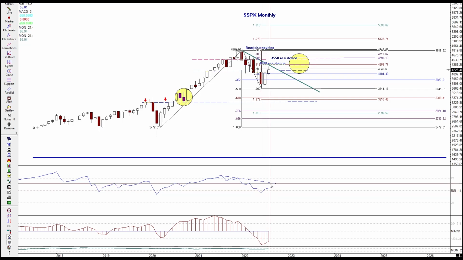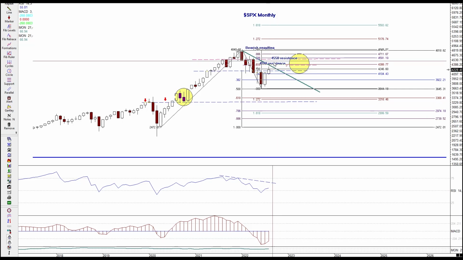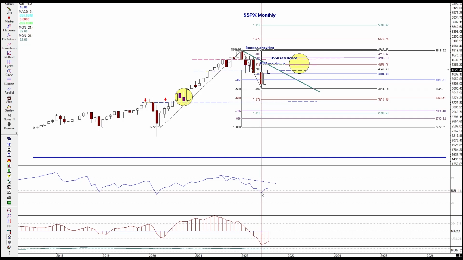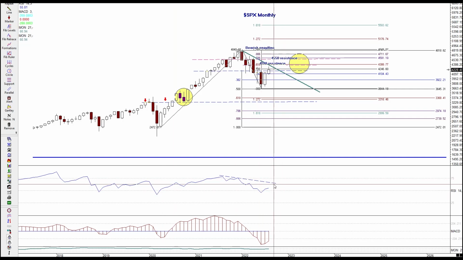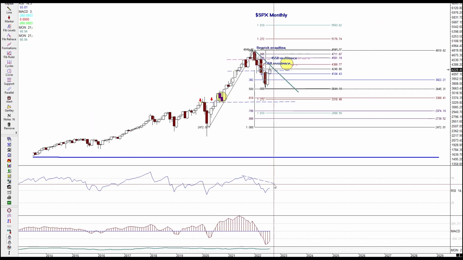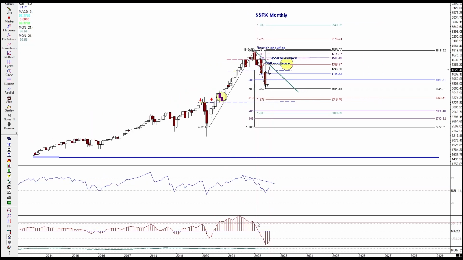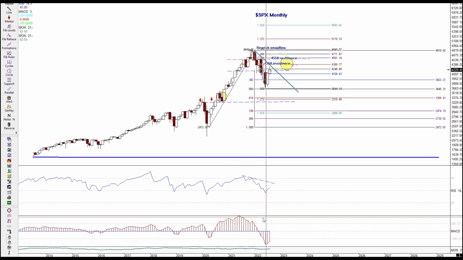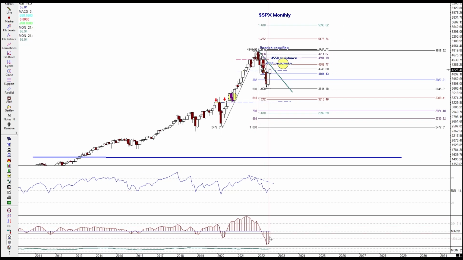Now, what might change that is if the market starts to have a serious decline again, and then we see the RSI break below these lows here. The MACD is below it. I just have it shown as a histogram right now, but we can see on this move to the downside, we can see divergences and then a strong move to the downside, stronger than anything that we've seen the last several years.